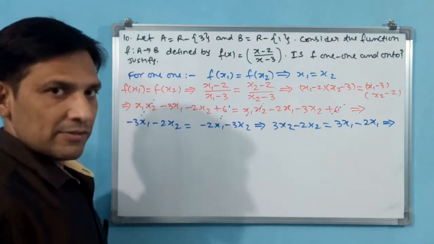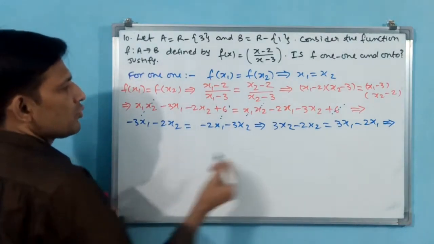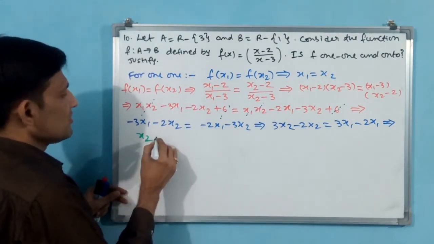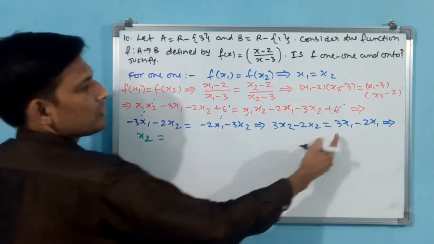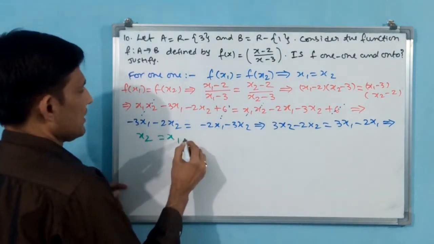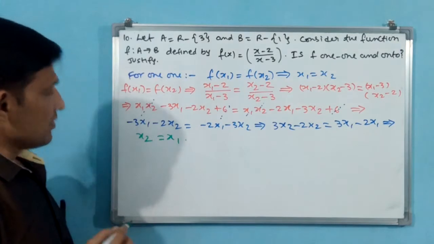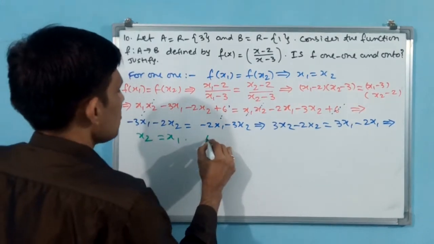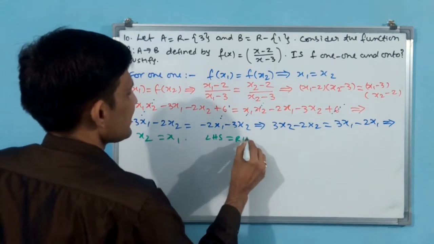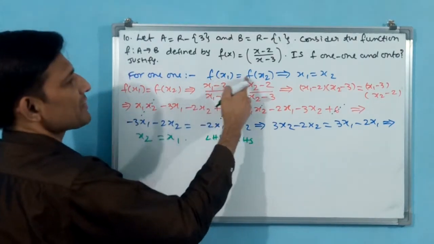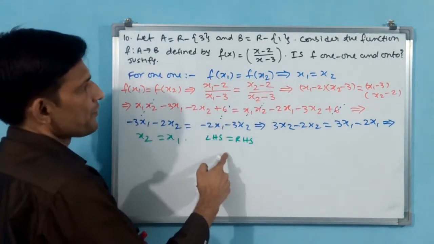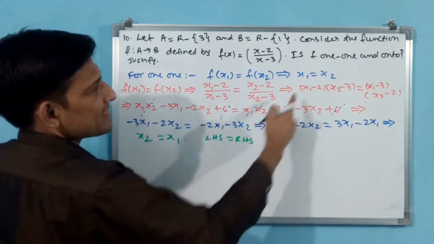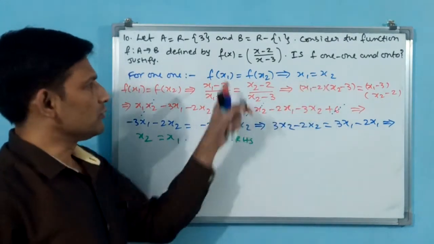Now 3x2 minus 2x2 is x2, is equal to 3x1 minus x1 is x1. Now we can write LHS is equal to RHS. What is LHS? LHS is f of x1 is equal to f of x2. What is RHS? RHS is x1 is equal to x2.